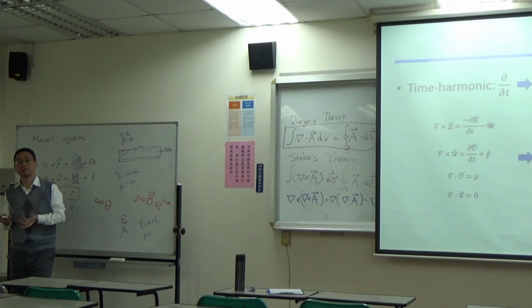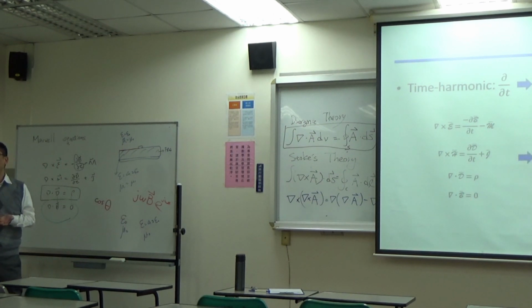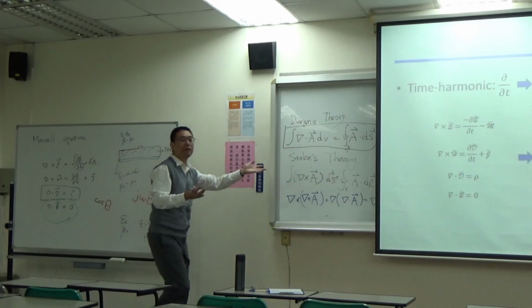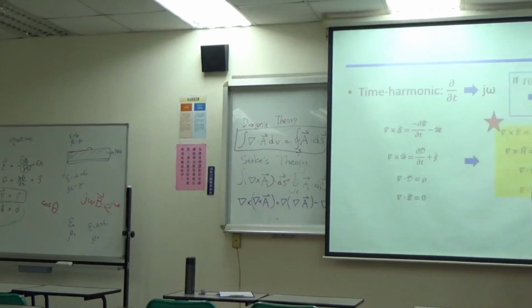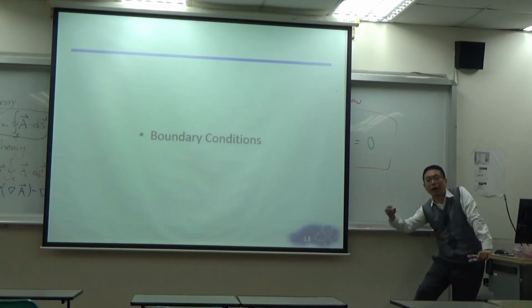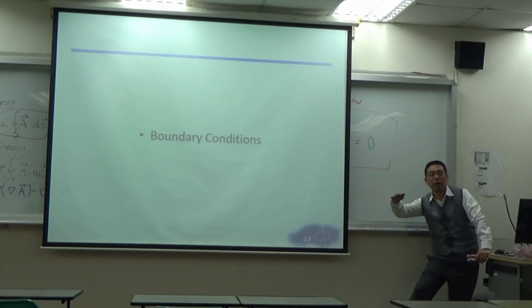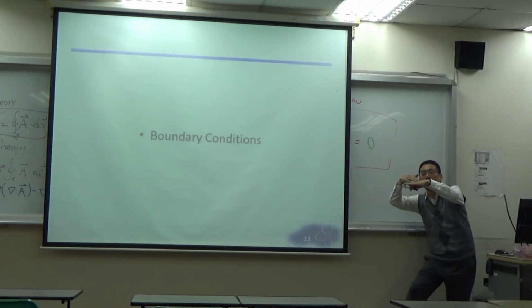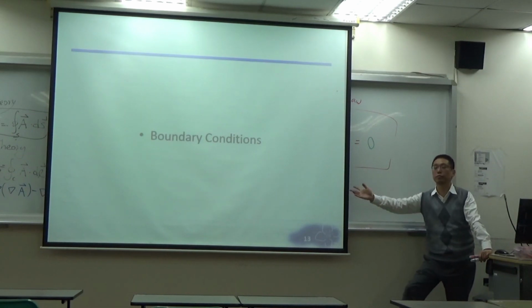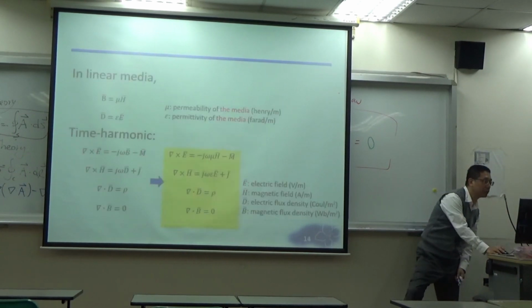How can that happen? I cannot have two epsilons for one boundary. So we try to understand the boundary condition. This is what we are discussing next: the field on the boundary between two different materials. Now you understand what we are dealing with. For only one material, just apply the Maxwell equation. But what happens on the boundary?